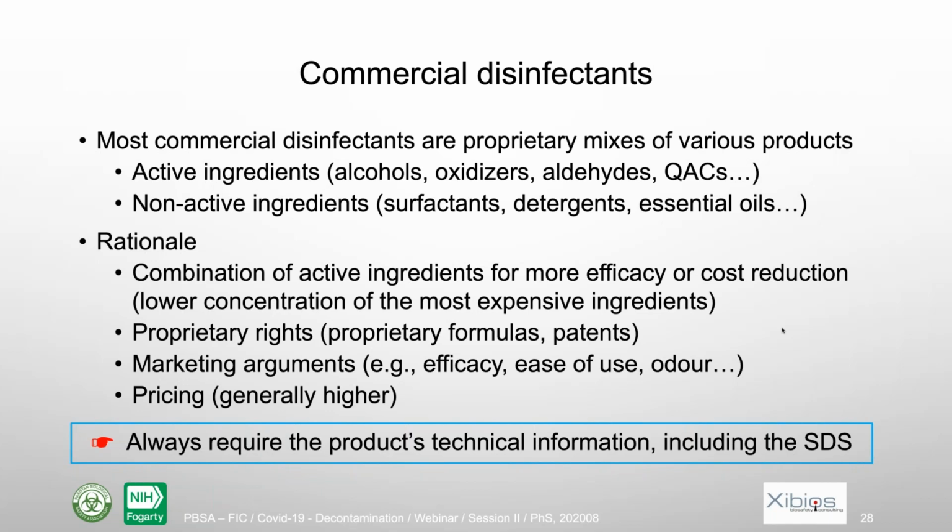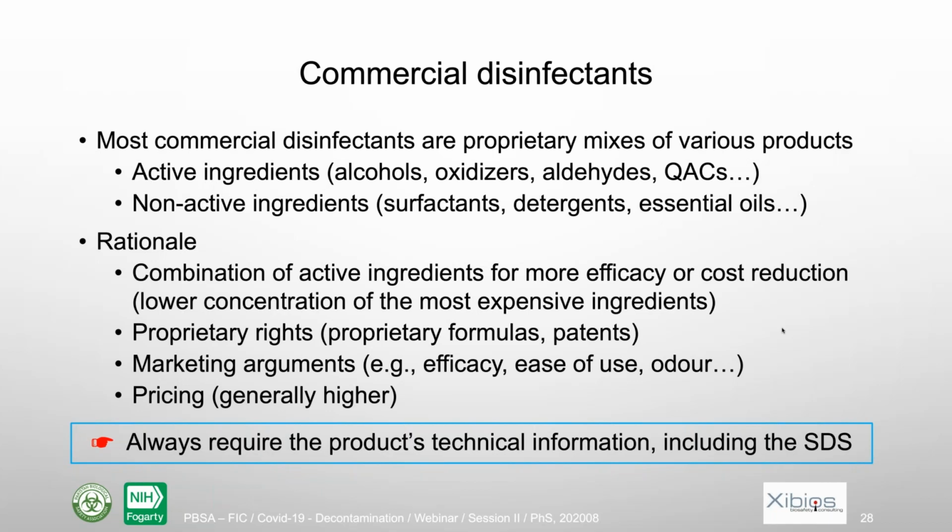The rationale for doing that is that in combining different ingredients, especially different active ingredients, they might have more efficacy in some cases, but they can also reduce the costs of manufacturing the product. For instance, in combining two active ingredients, they might lower the concentration of the most expensive ingredient.